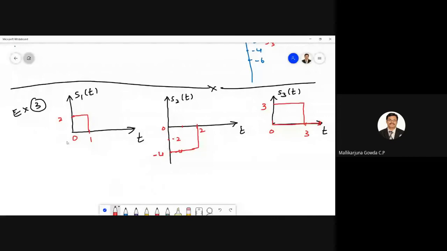So start by finding the energy of the signal S1 of t, then find phi 1 of t, then you find the energy of S2 of t, means you have to find g2 of t, then the energy of the signal g2 of t, then phi 2 of t you will be able to find, then phi 3 of t. Clear what I said? Yes. So you will get three basis functions for this given problem.